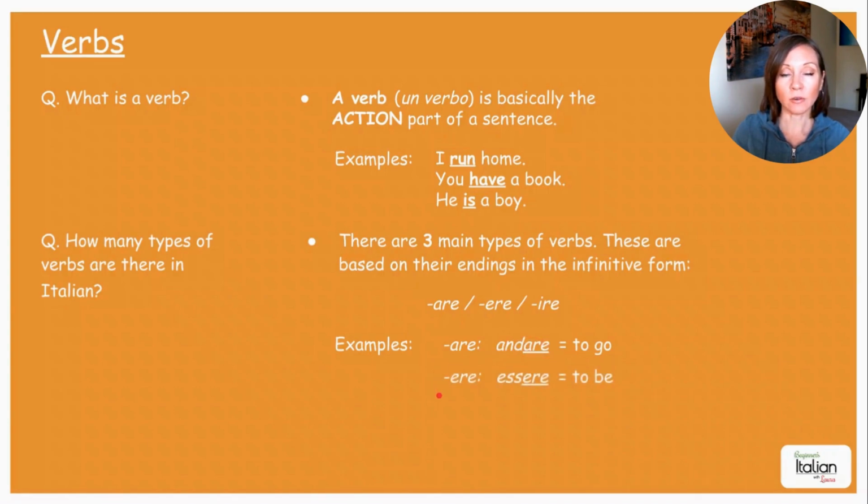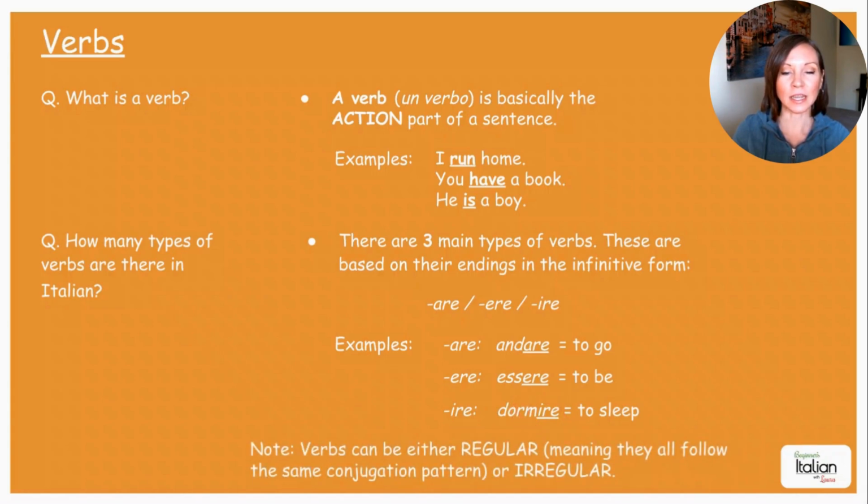An ERE would be essere, to be. Essere, ERE. And IRE, dormire, to sleep. Dormire. And there's the IRE on the ending. Just to note, verbs can be either regular, meaning they all follow the same conjugation pattern, or irregular.